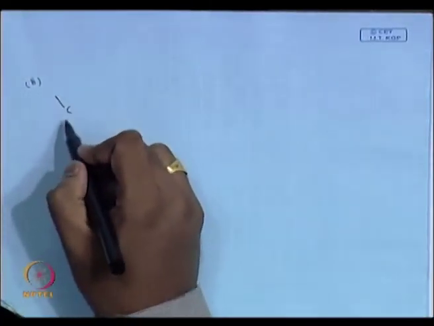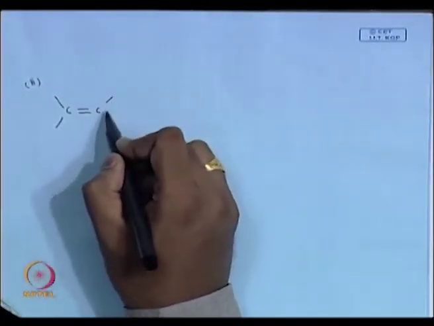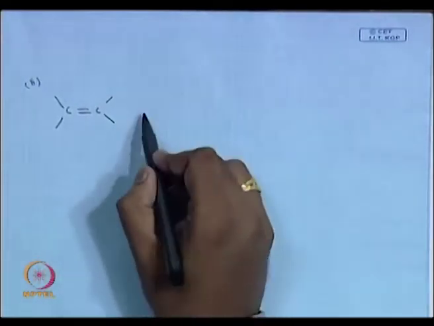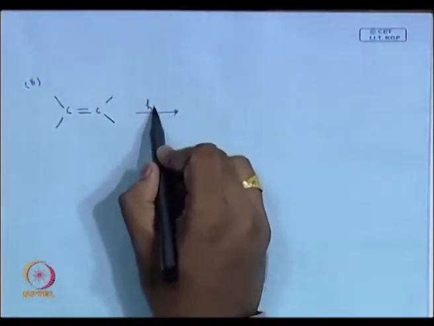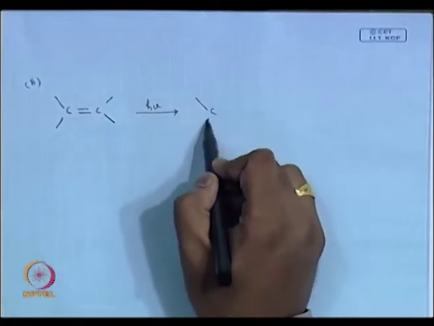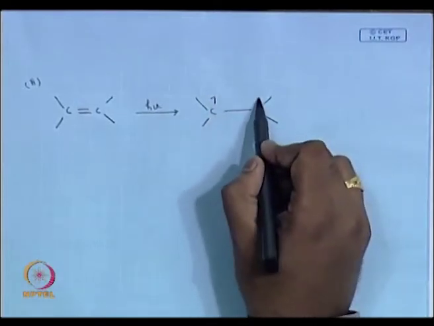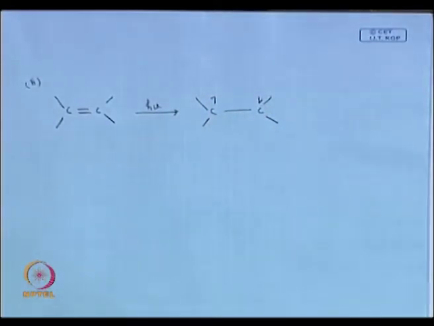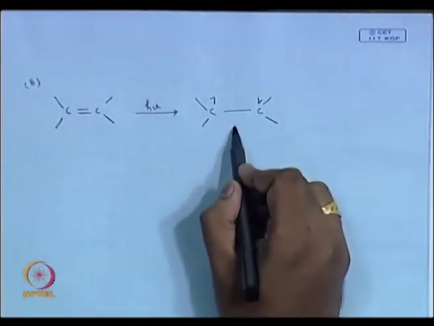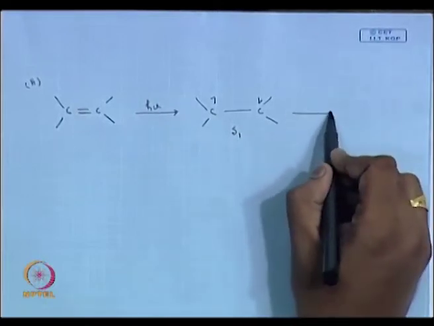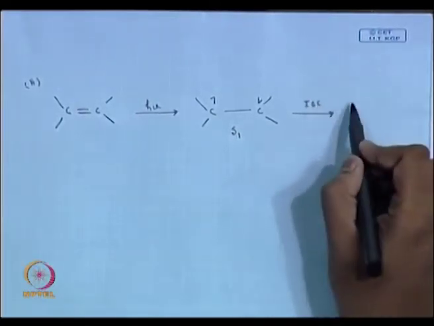The second point is that, keeping that in mind, if I take my alkene and do the photolysis, it can undergo a singlet S1, then it undergoes intersystem crossing.